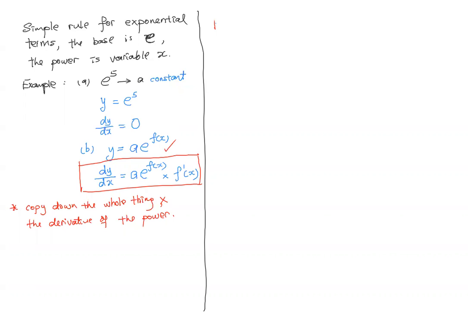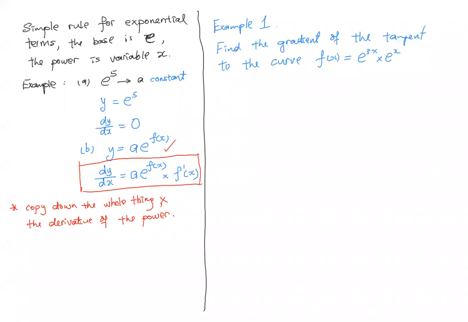Example 1. Find the gradient of the tangent to the curve f(x) equal to e to the power of 3x times e to the power of x at x equal to 1.